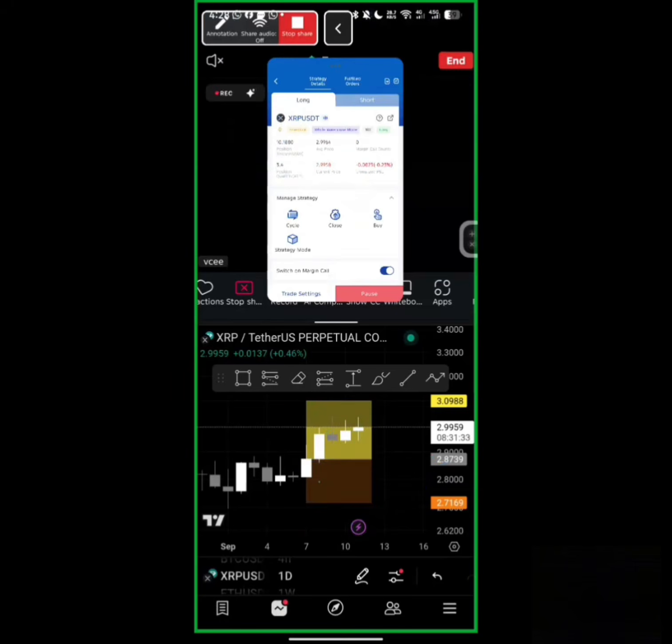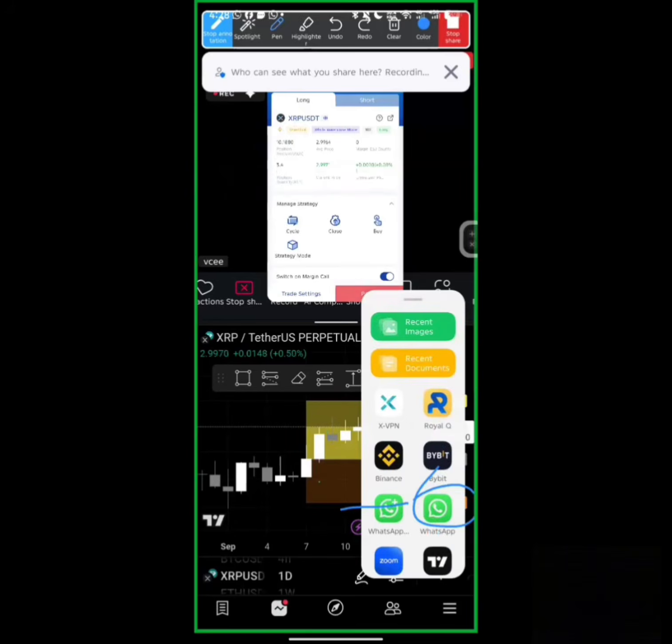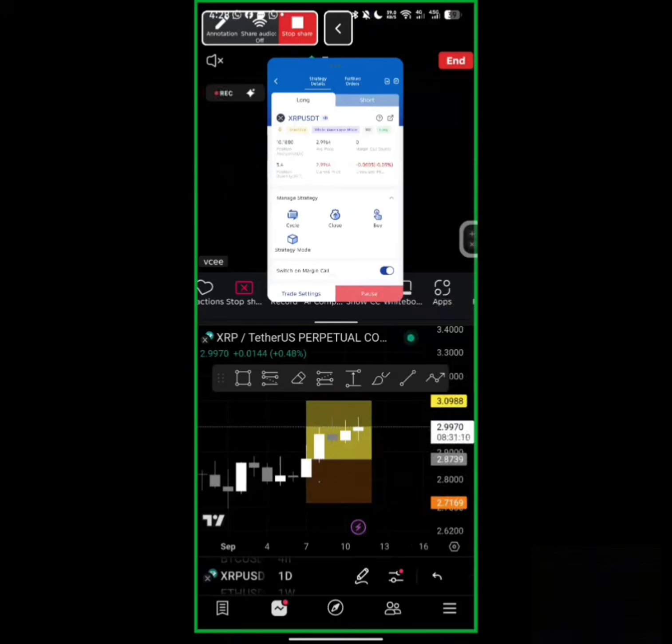That is to set our stop loss, this price here. This 2.7169 is what we put in the stop loss. If you check the signal that I sent, you'd see it there.